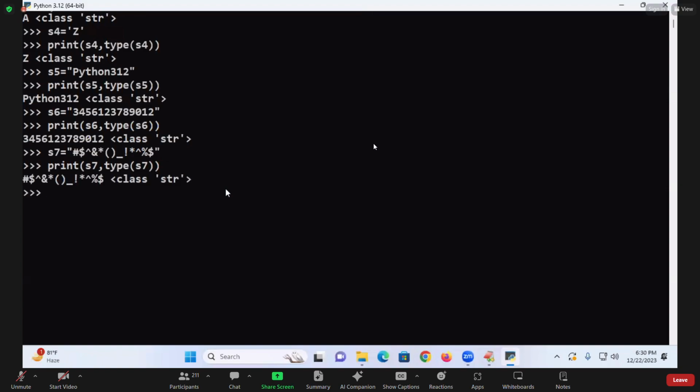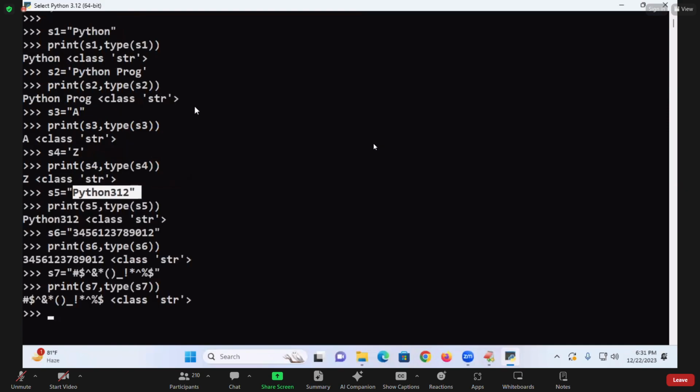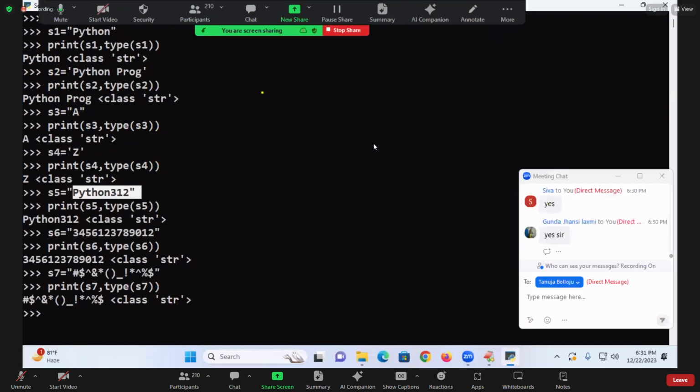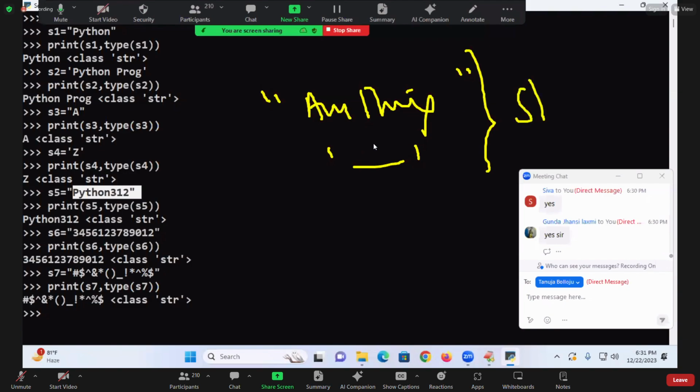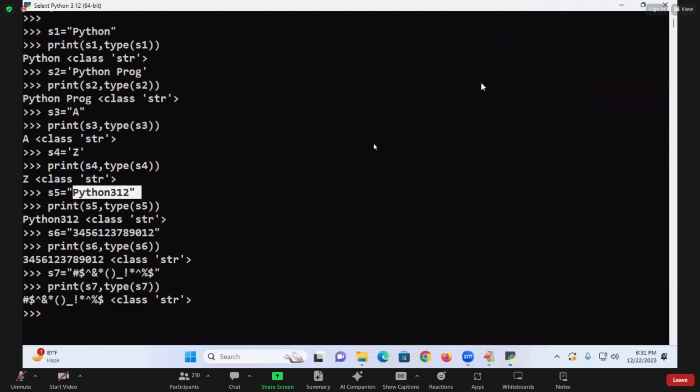So can I write special symbols within the double quotes? Numbers within the double quotes? Special symbols, characters, alphanumerics, anything you can write within the double quotes. In simple, anything we write within the double quotes or within the single quotes, both of them are which type? STR type only we can call.